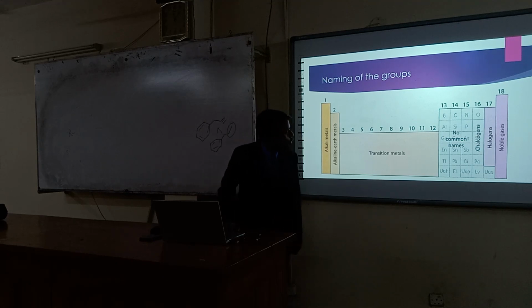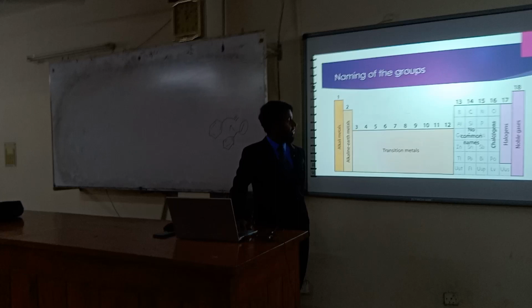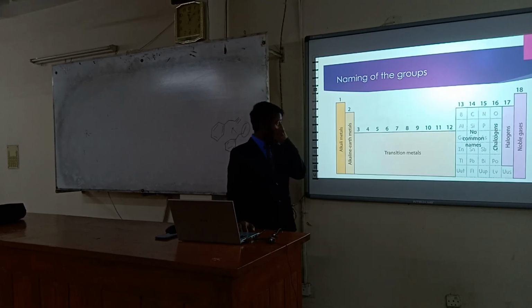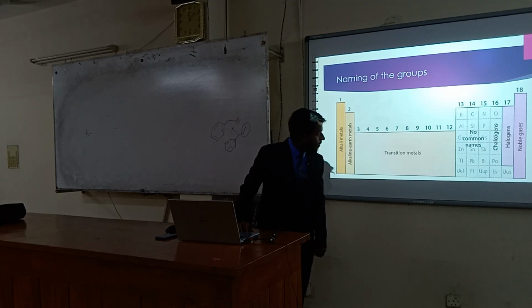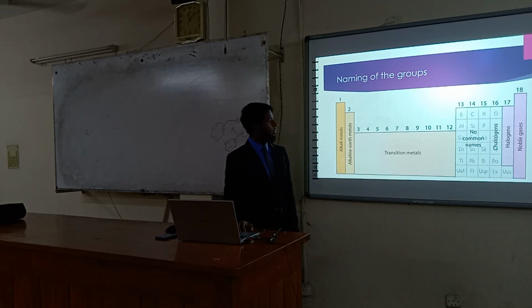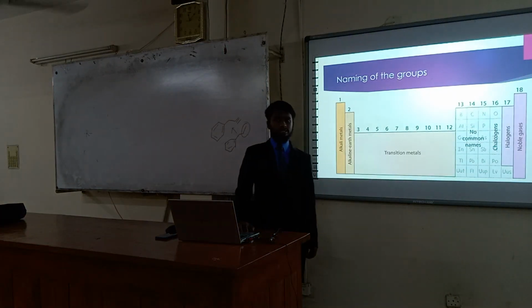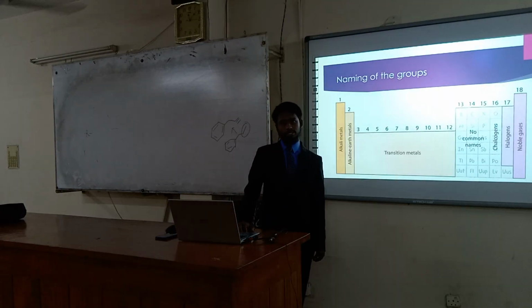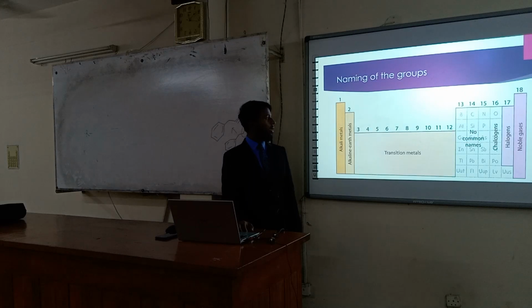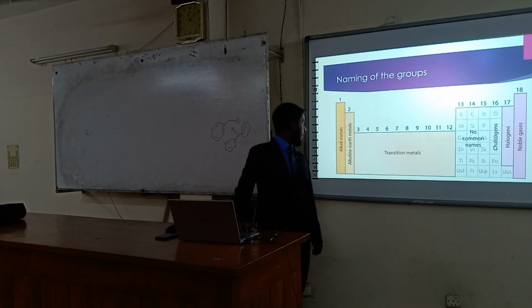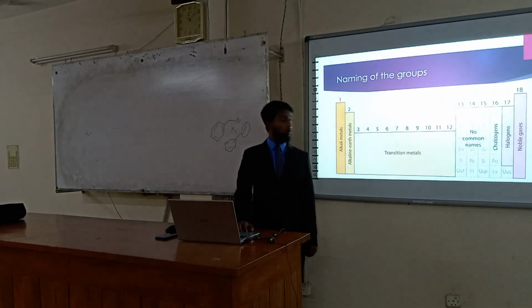Groups 13, 14 and 15 have no common names, but group 16, such as oxygen and sulfur, are known as chalcogens, and group 17 are known as halogens. They are also very reactive, so they react with metals to form compounds.